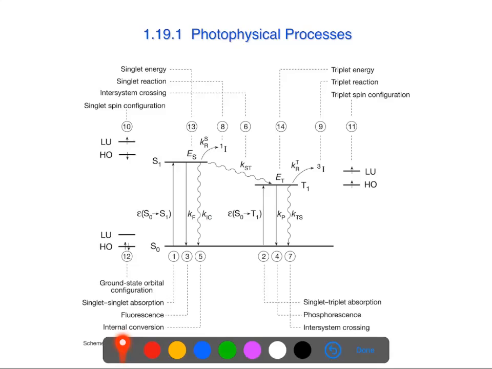Also, if we have a radiationless transition between a singlet state, the S1, and the T1, we refer to this as intersystem crossing. So in the next few slides, we're going to summarize the various photophysical processes that we often observe between S0, S1, and T1.